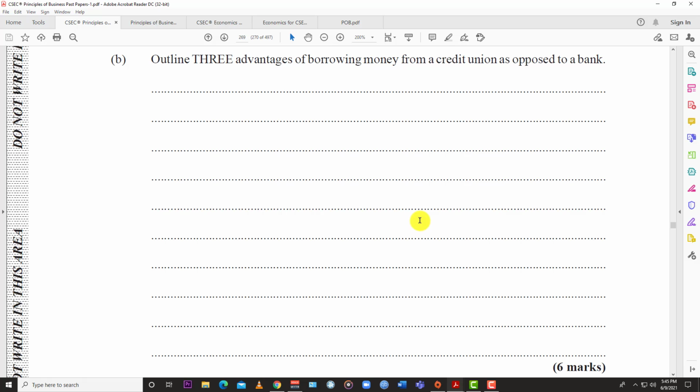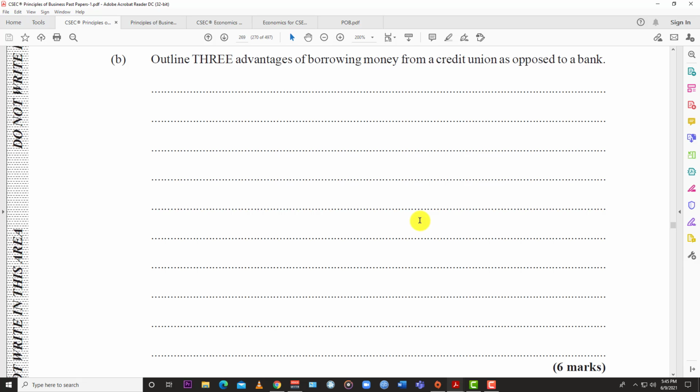For example, they would offer small loans in areas like agriculture, tourism, setting up a small business. If you have a unique small business, they'll be more willing and able to lend you that money, as opposed to a bank who might not take on the risk of small business owners like that. So sometimes you go to the bank as an agriculture person, you cannot get a loan because of the risk, but credit unions might be willing to help you with that kind of thing.